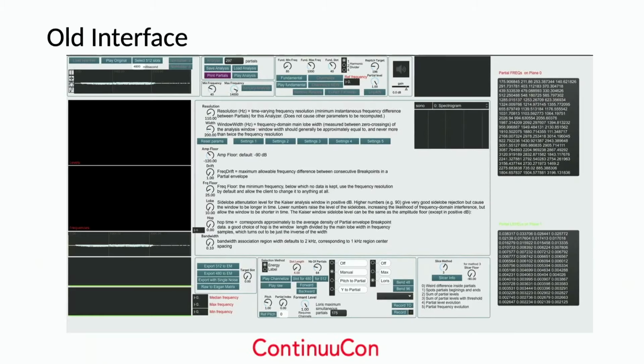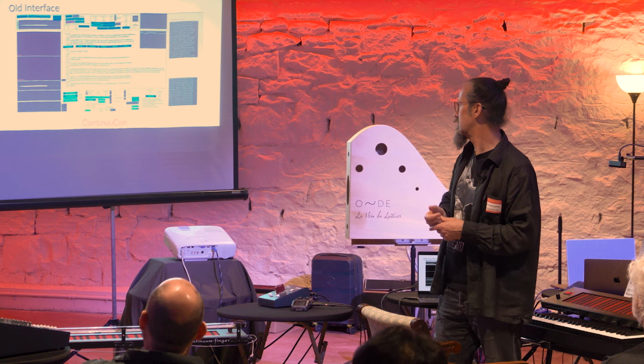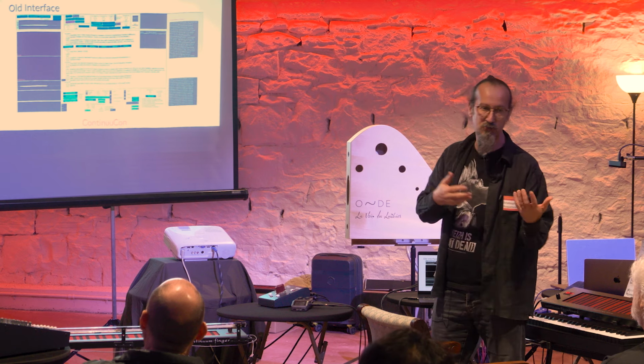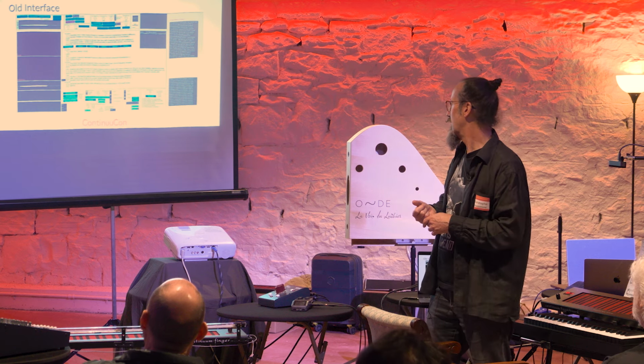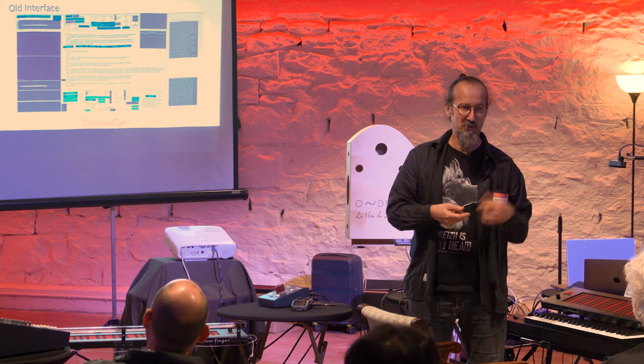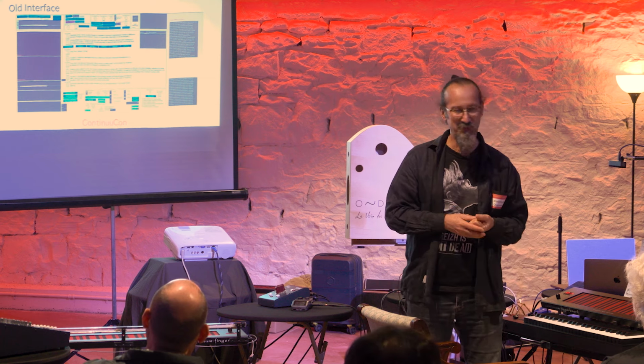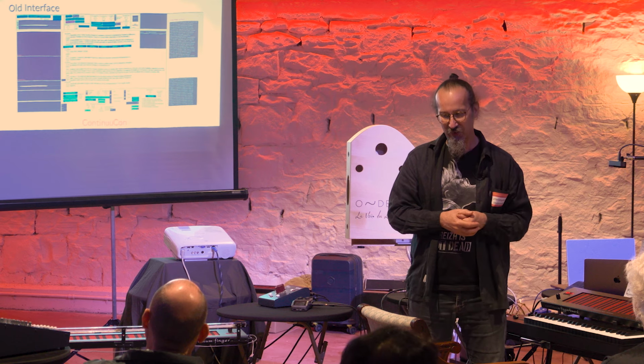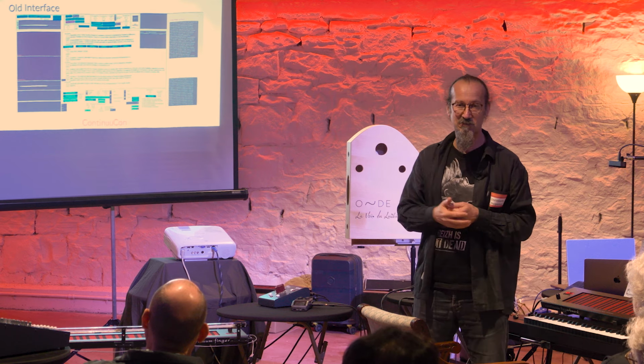So last year, you saw that guy with a lot of parameters, a lot of steps to go from the first analysis to what you can send to the continuum. I had the chance this summer to work for Hans Zimmer together with Guillaume and Ed on Dune, and we used heavily this tool.